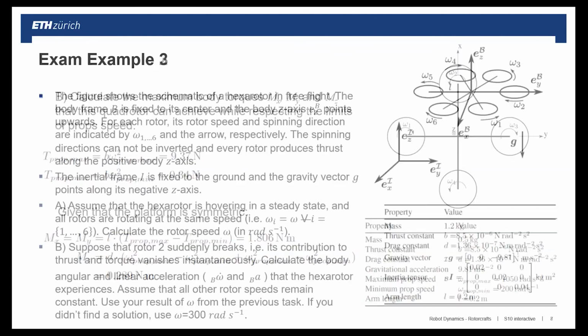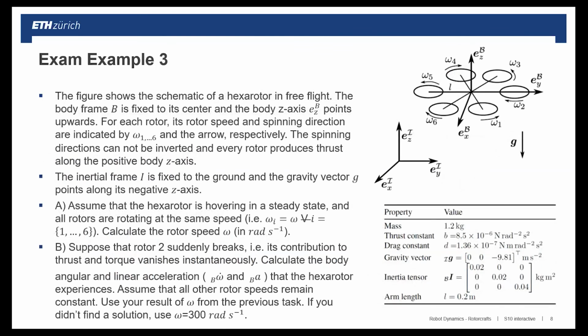Now, as the next or the last example, we have something similar, but we have here not a quadrotor, but a helicopter with 6 propellers, so a hexacopter, where we have again the arrangement that always 2 pairs of rotors are rotating against each other, in counter-rotating speed.